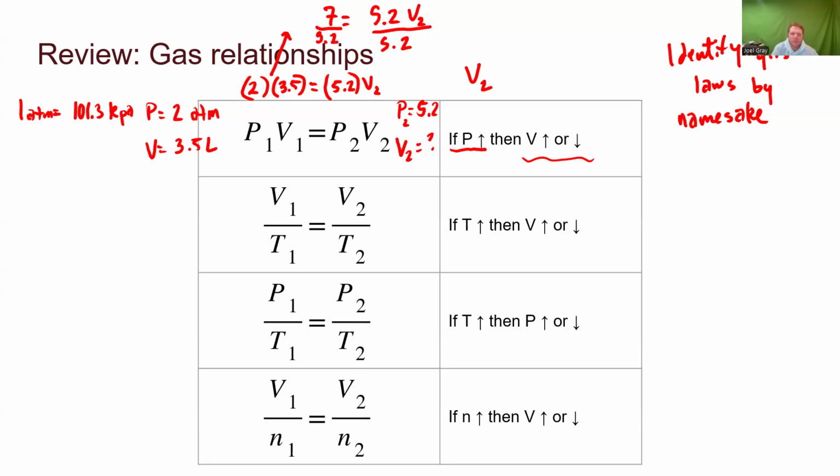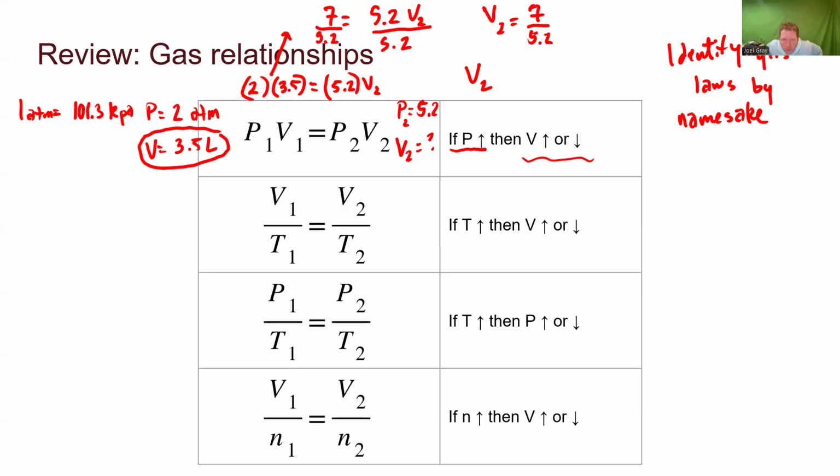So what has happened in this case is our pressure has gone up. So what happens to the resulting volume? Well, in our initial state, our volume was 3.5 liters. Now, when we do the algebra and say V2 is equal to 7 divided by 5.2, could you give me a Z in the chat if you're good with this setup so far?